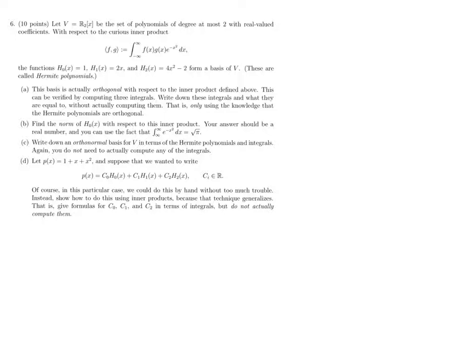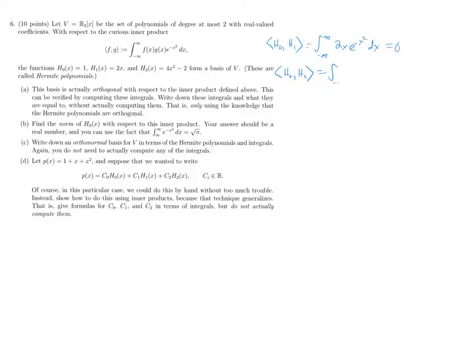Now, most of you got this right, and that was so good to see. So what does this mean when I say they're orthogonal? Well, that means that the inner product of H0 and H1 is 0, and that, by definition, is the integral of 1 times 2x e to the minus x squared dx. That is 0. It means that H0 and H2 has to be 0, so for that inner product, we take the product of these two functions.